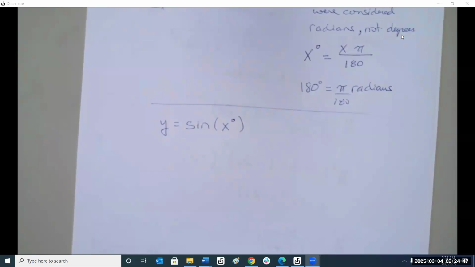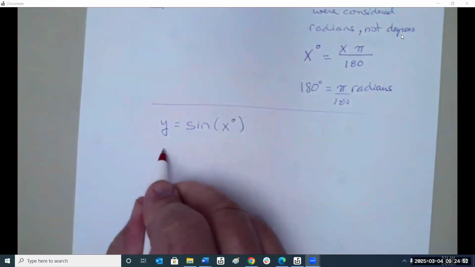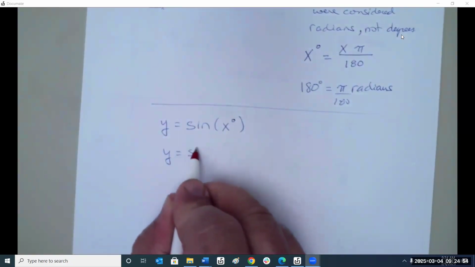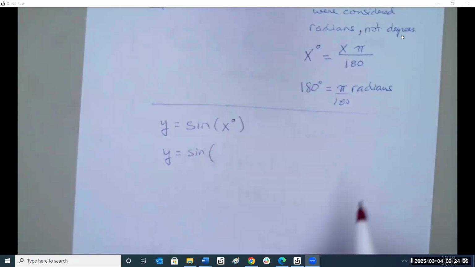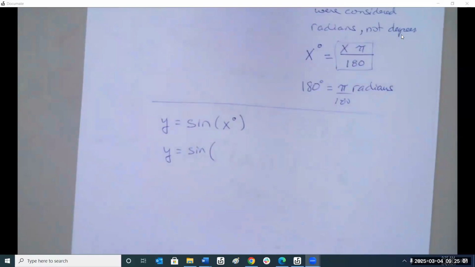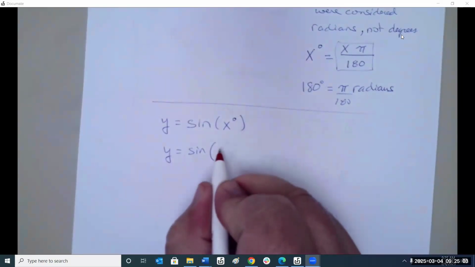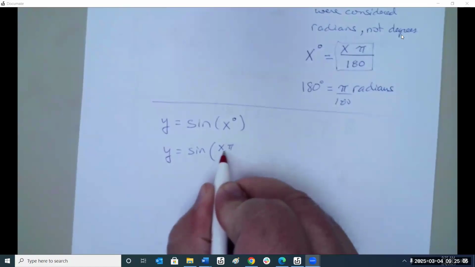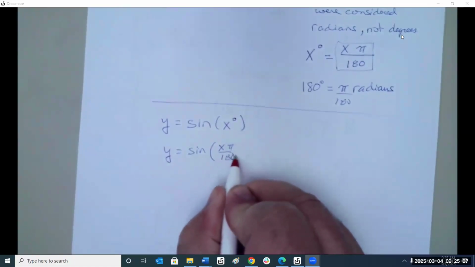How would we go about using that? How would we convert that? The first thing we would do, if we're given degrees, is convert this to radians using this formula. So we have x pi over 180.